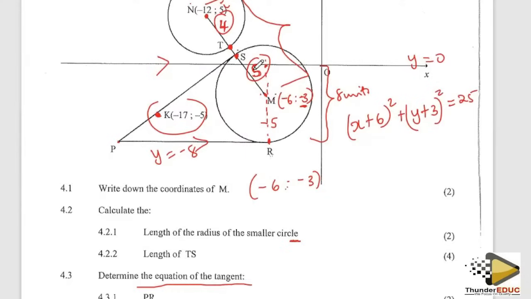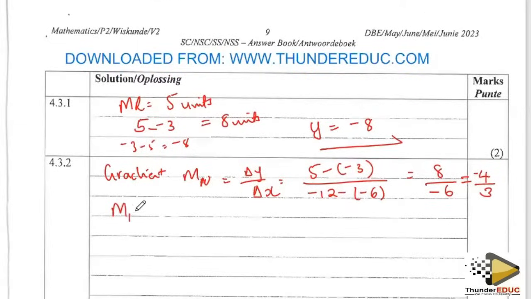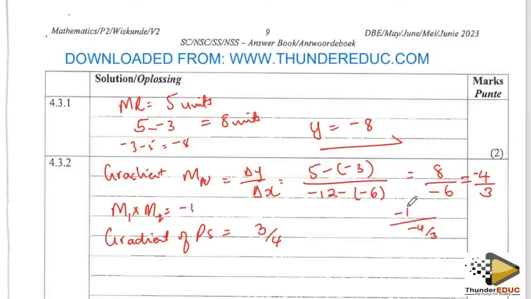Let's say MS is a radius. But we know that the radius and the tangent will be perpendicular. So from M1 times M2 being equal to negative one, the condition for perpendicular lines, if one line is -4/3, I'm just gonna flip that and say that the gradient of PS is gonna be 3/4 positive. I'm dividing -1 by -4/3 to make one line the subject.